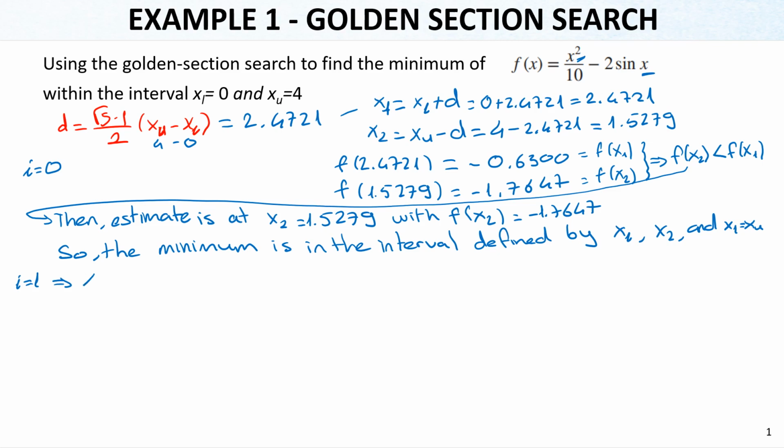Lower bound remains the same, xl equals 0, and x1 becomes the upper bound, xu equals x1 equals 2.4721.